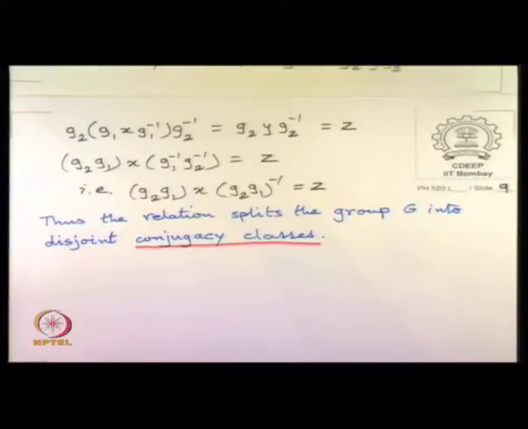Now note that the conjugacy classes are not of the same size, they are all different, but of course you can recover the whole of group G as the union of the conjugacy classes. The identity element is in its own conjugacy class, because it will never get related to anything else.